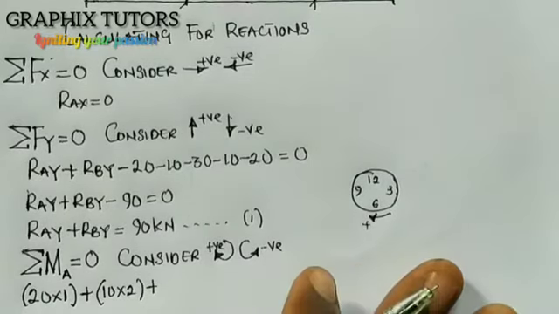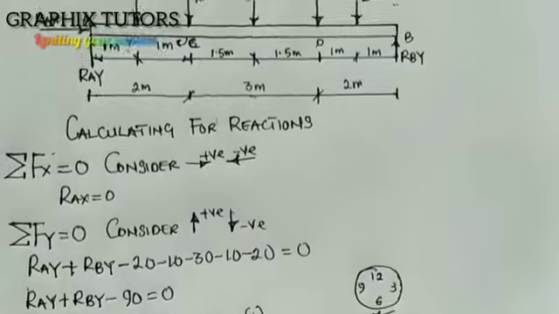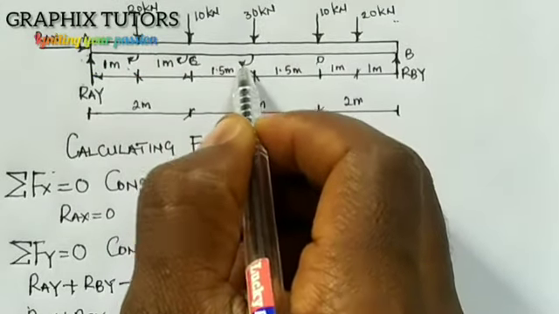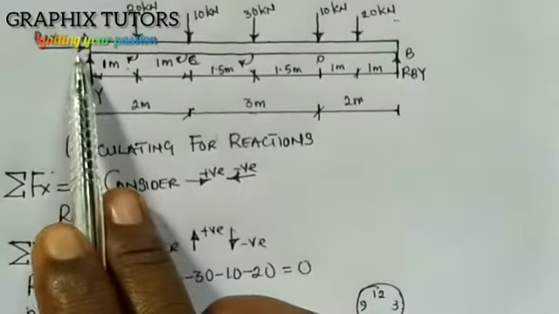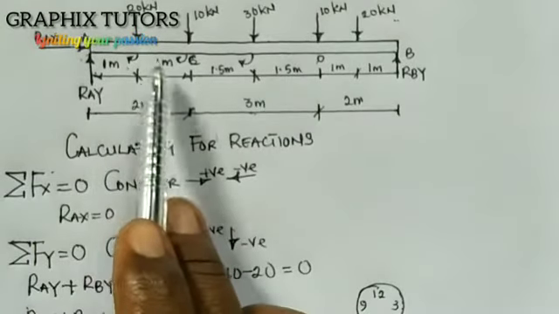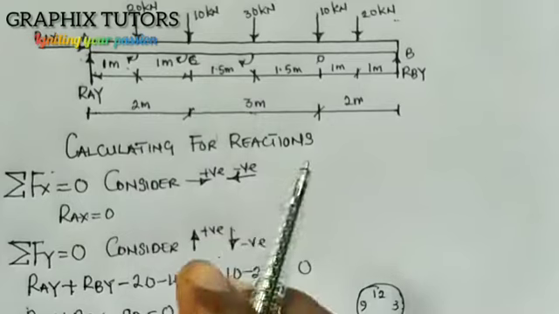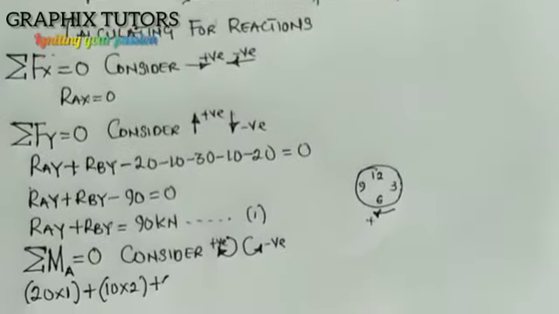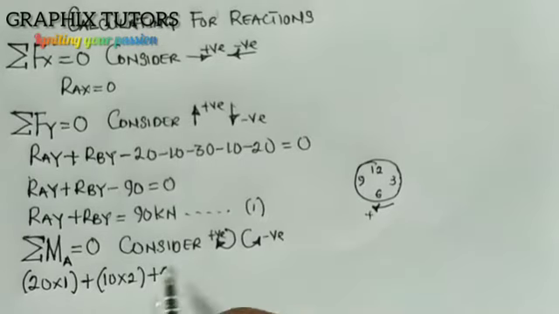Plus, the next one is this. It's 30. 30 is going towards here. The distance from 30 to point A is what? 1 plus 1 is 2, plus 1.5, that is 2.5. So we're having 2.5 there. So let's input it. So this will be 30 times 2.5.